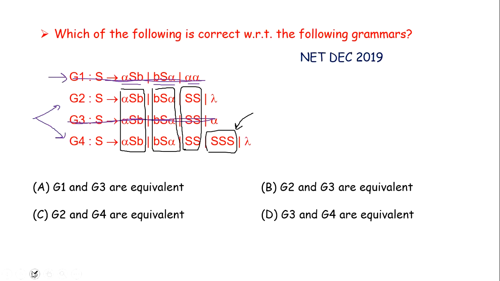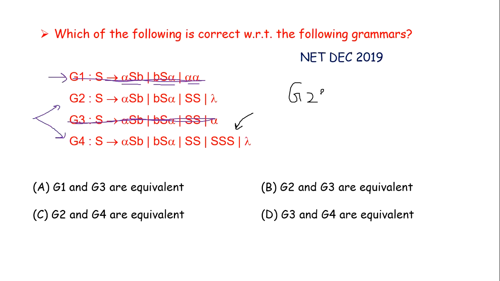So all we need to check is whether we can find this production, that is SSS, in G2. Now see, in G2, we have S gives SS, double S, right? Now we can replace this S again with SS, and let us take it as it is.